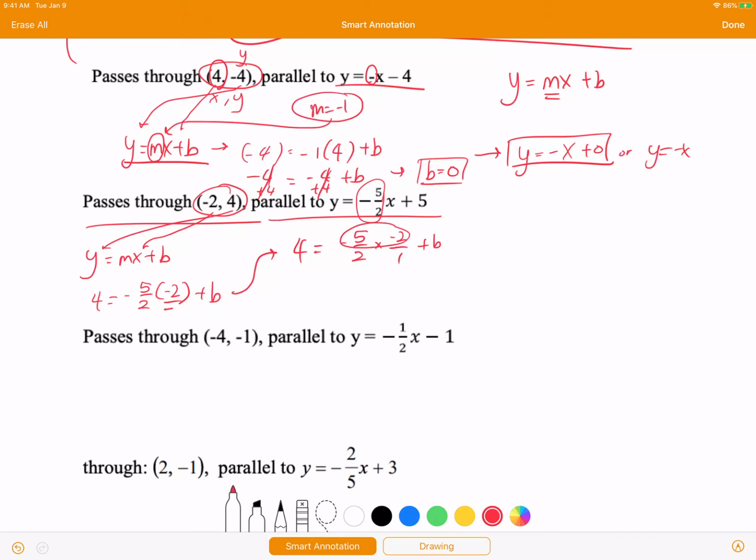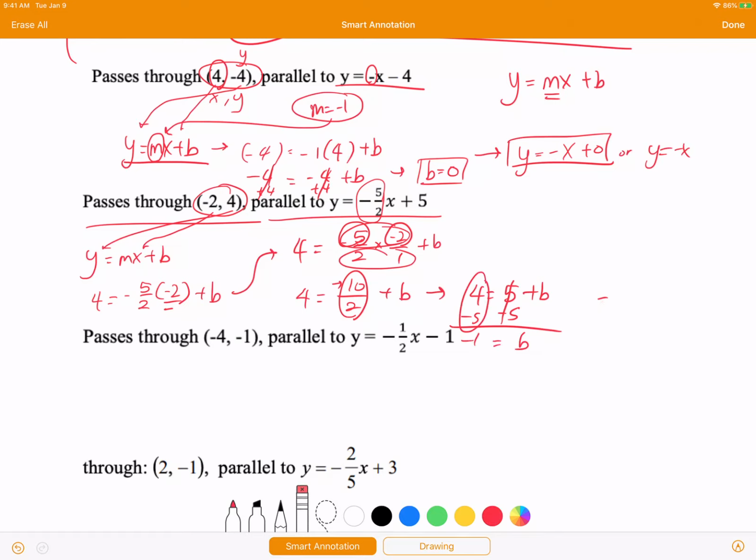And multiply the top and the bottom together, you get 4 is equal to positive 10 over 2, because double negatives makes it a positive 10. 10 divided by 2 here, I hope you guys can solve for, that's 5. Subtract 5 on both sides, you get b to be negative 1. 4 minus 5 just simply becomes negative 1 there.